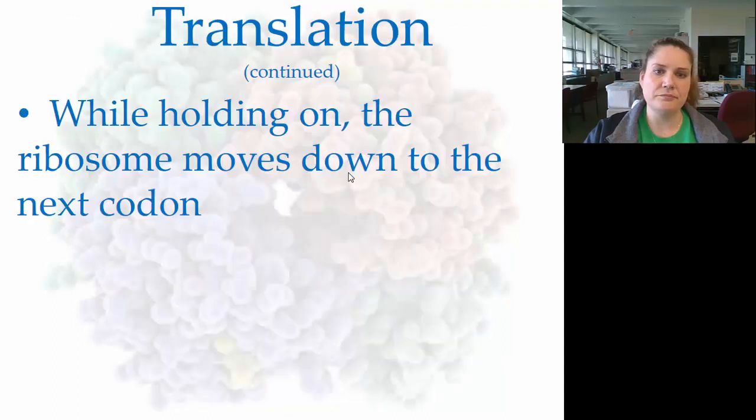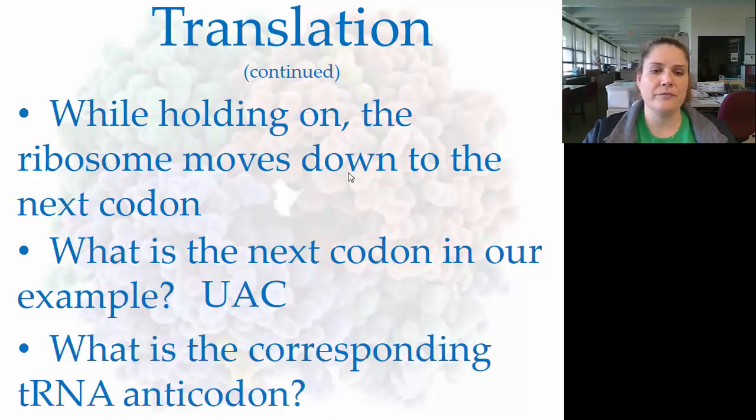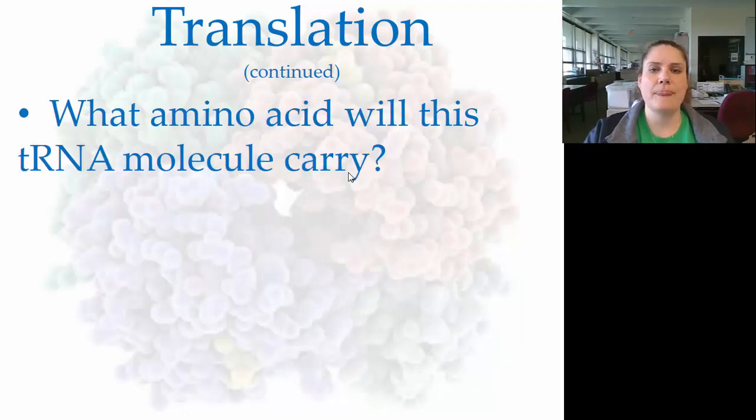All right, so while holding on, the ribosome is going to move down to the next codon. So what's the next codon in our example? UAC. What's the corresponding tRNA anticodon to that? AUG.